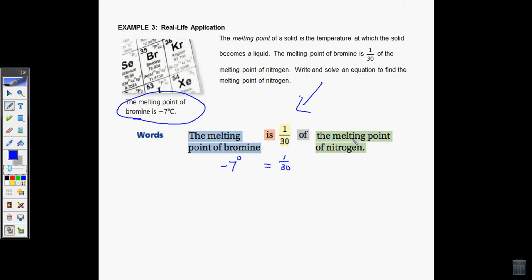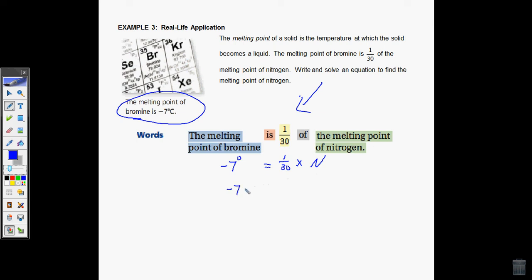So this number equals 1/30th of something else. Of is an indication of multiplication, if we didn't realize that. The product of this and this. The melting point of nitrogen, that's what we're trying to find out. I'm going to make that a big N variable. So my equation looks like -7 equals 1/30th times N.